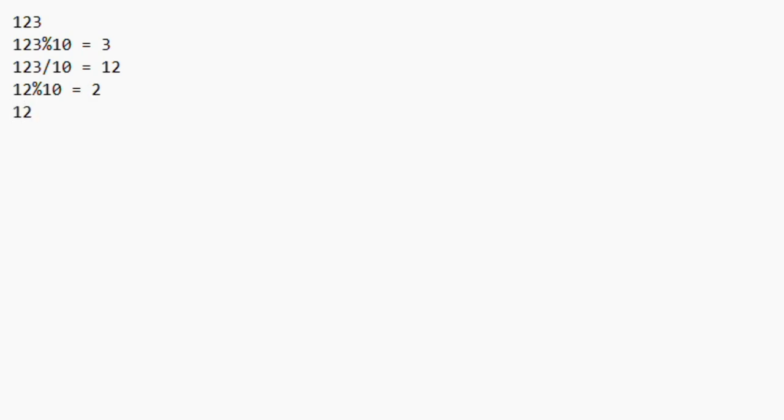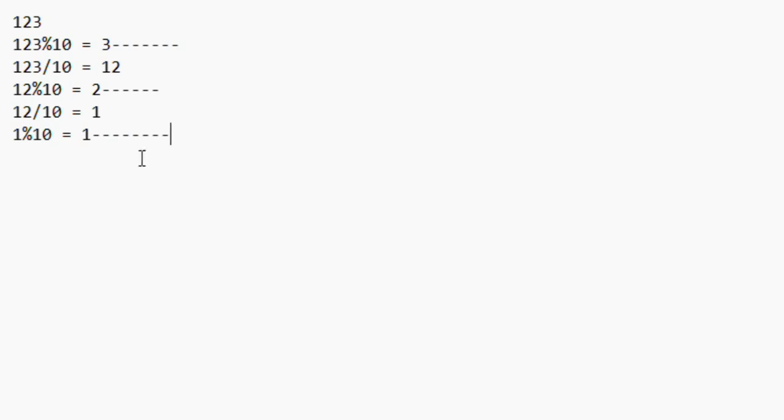Then 12 is divided by 10, which gives me 1, and modulo dividing 1 by 10 again gives me 1. So now the digits I have separated are 3, 2 and 1.